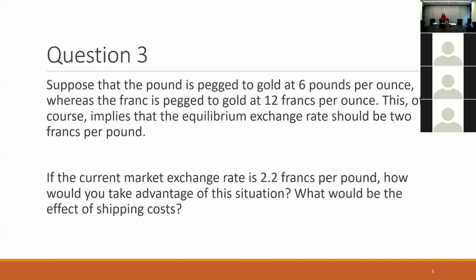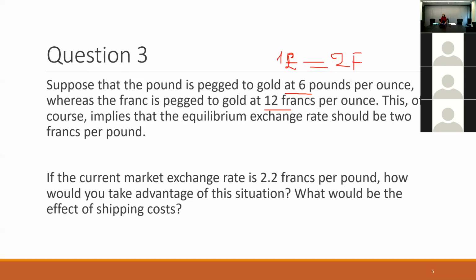If 6 pounds are equivalent to 12 francs, that means each pound is equivalent to 2 francs, right? So the implied exchange rate should be 1 pound equals 2 francs.